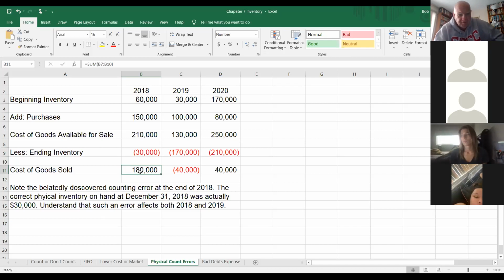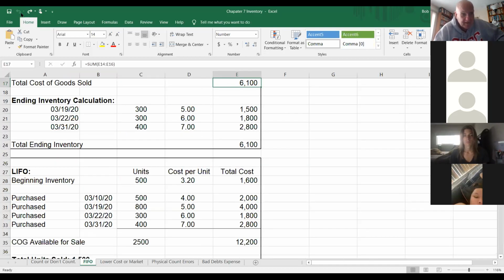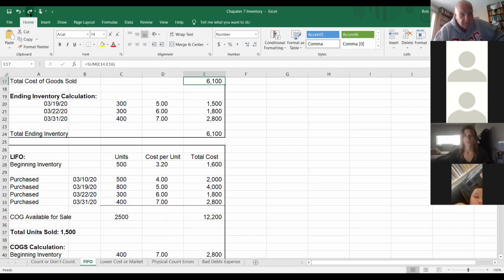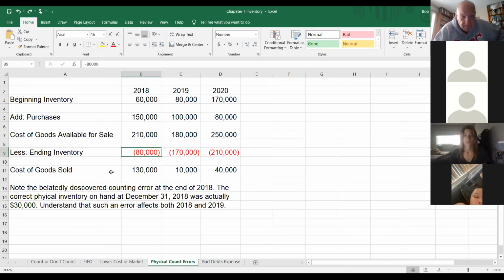Impact, one month to the next. I'm going to go back and change the number again. I'm just going to change this number to a real small number.